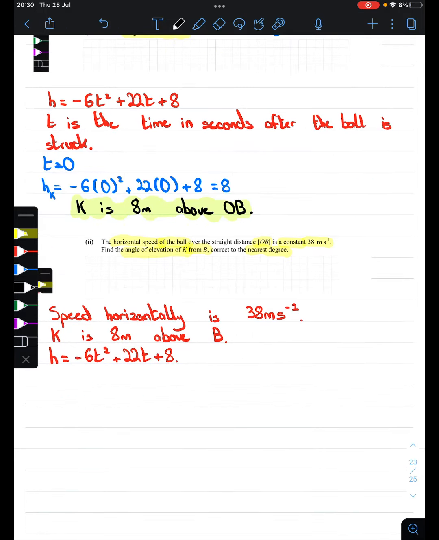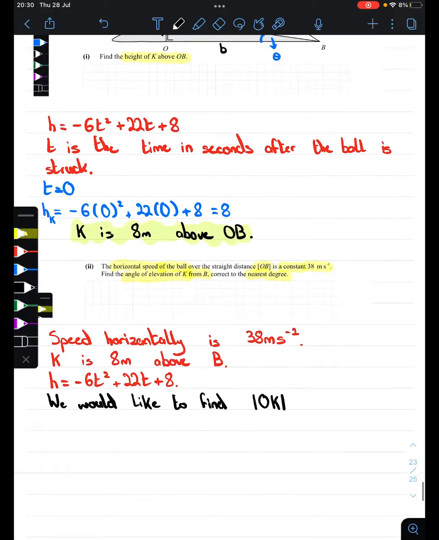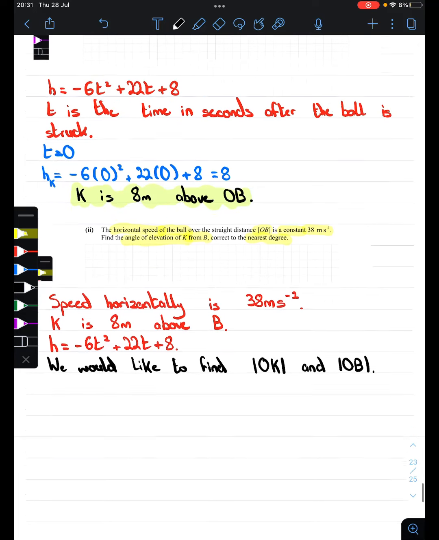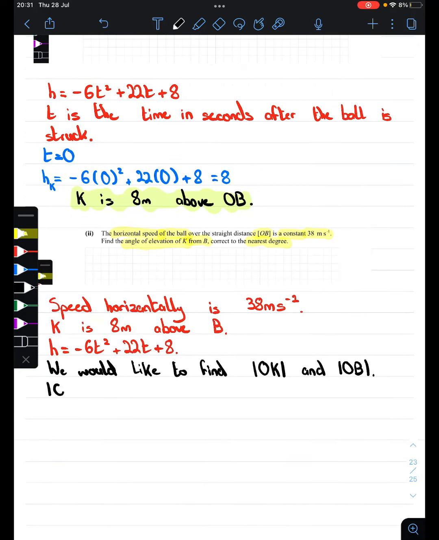So we would like to find OK and OB. Well, we actually know what O to K is. It's just 8 meters.